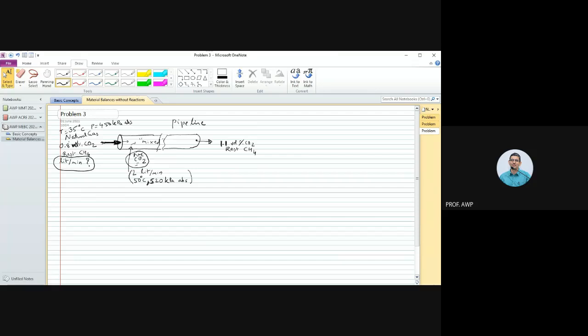Okay, is the problem clear? So, sir, we have to calculate for the natural gas? Yeah, not just CO2, what is coming in? The whole natural gas is 0.8 volume percent CO2 and 99.2 volume percent methane. This whole thing is called natural gas. I want you to tell me what is the total quantity of natural gas that comes in terms of liters per minute.